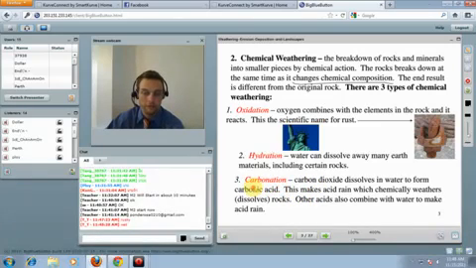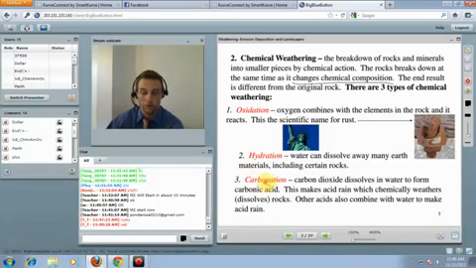Carbonation, you can kind of figure this out. Basically, carbon dioxide dissolves in water, and it creates this kind of corrosive material called carbonic acid. And this stuff, when it evaporates, makes clouds that produce acid rain. And when it falls on certain materials, it will erode them.